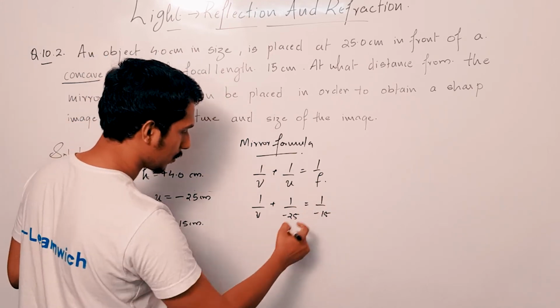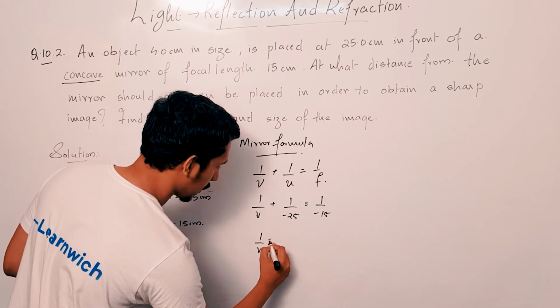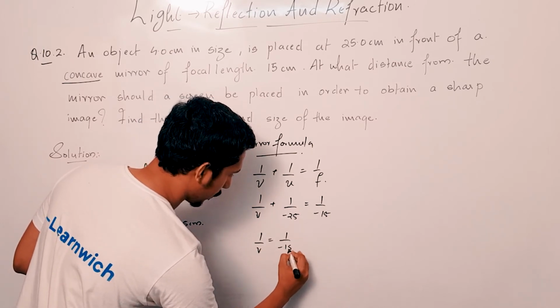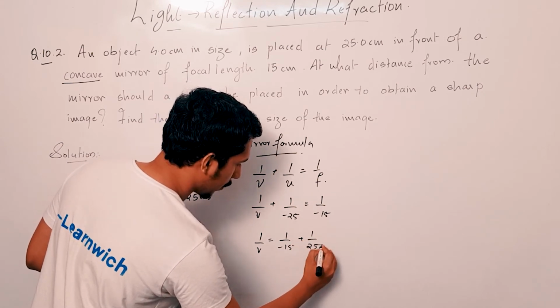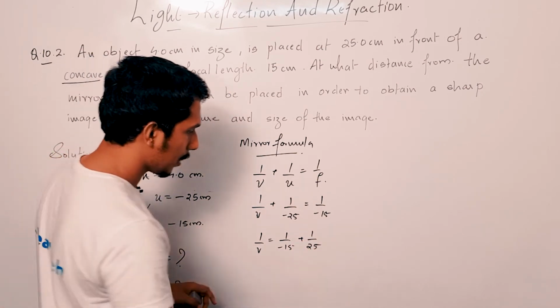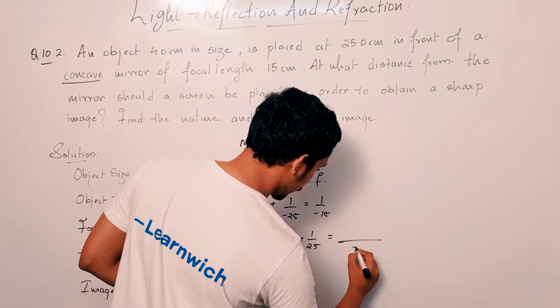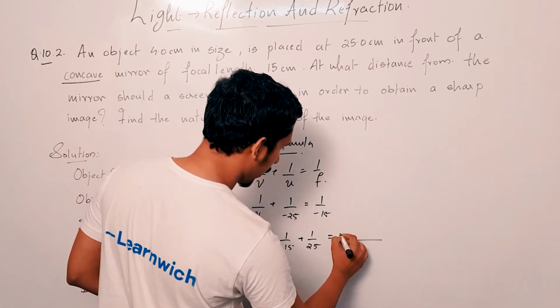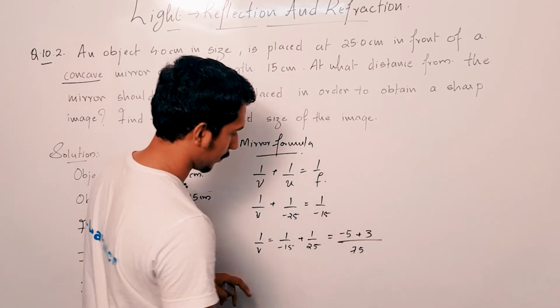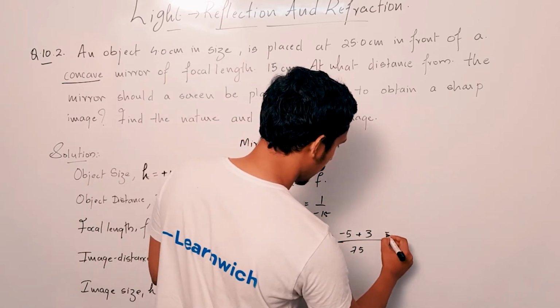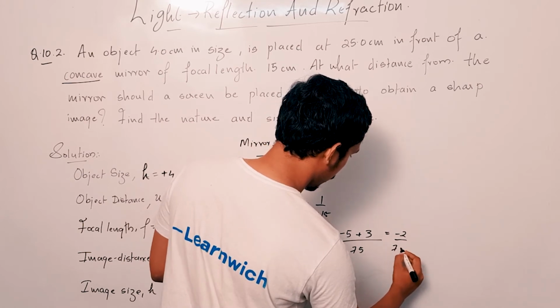Let this go to the other side. So you get 1 by v is equal to 1 by minus 15; this is minus, when it goes to the other side it becomes positive, 1 by 25. So what is the LCM? LCM is 75. 15 into 5 is 75, and 25 into 3 is 75. So the answer is minus 2 by 75.